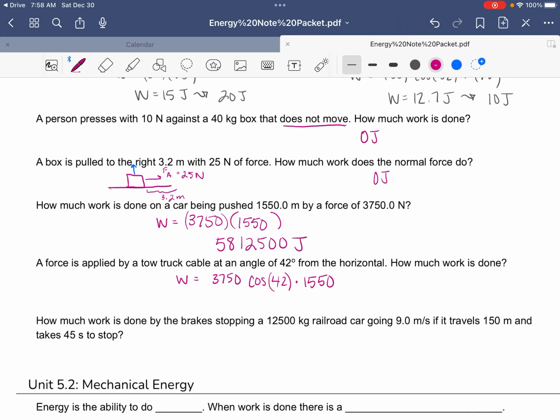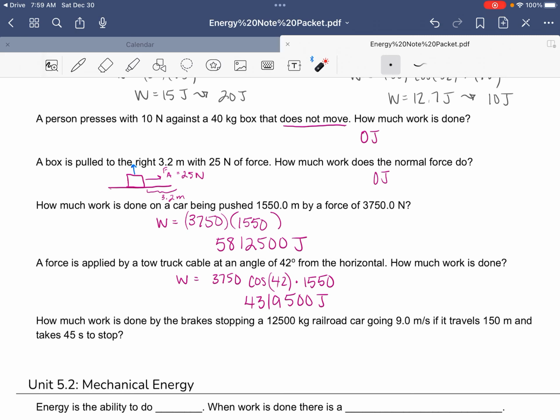Okay, again, I'm going to report 5 sig figs. So I'm going to have 4,319,500 joules. Okay, and again, we see that it is less than what we had here because the force is not directly parallel to the displacement.